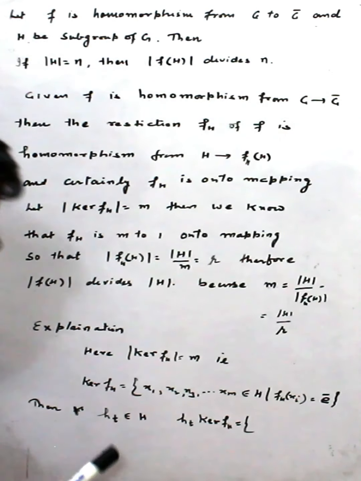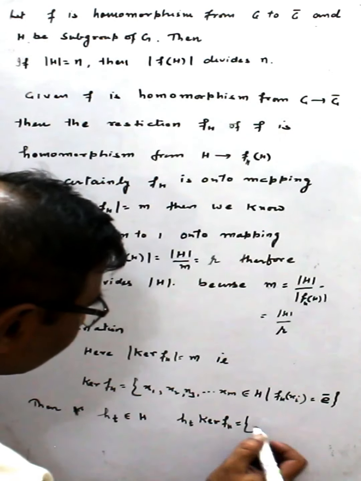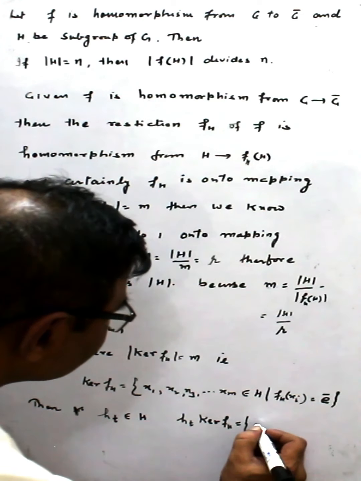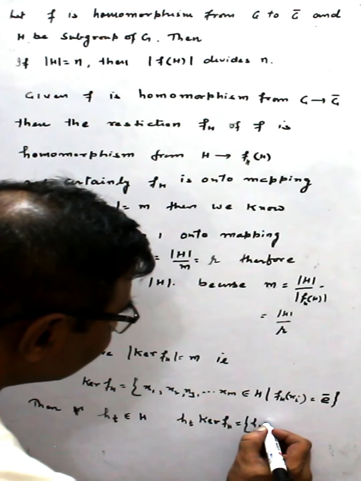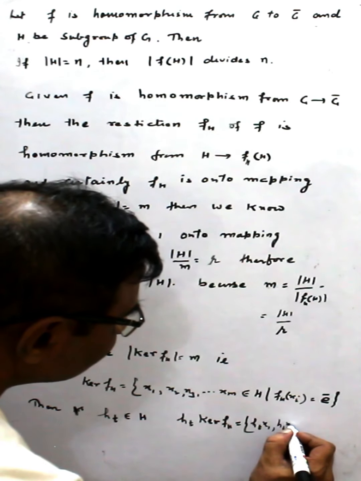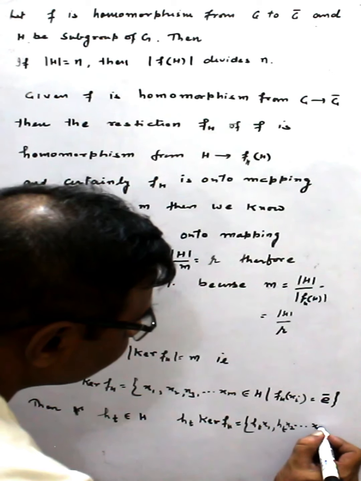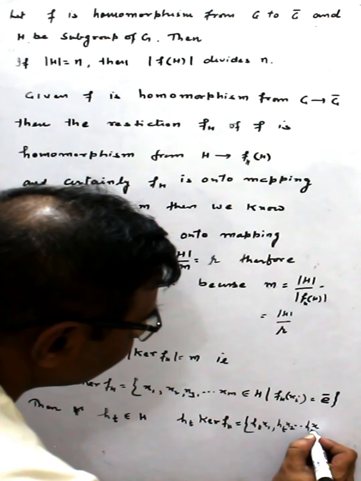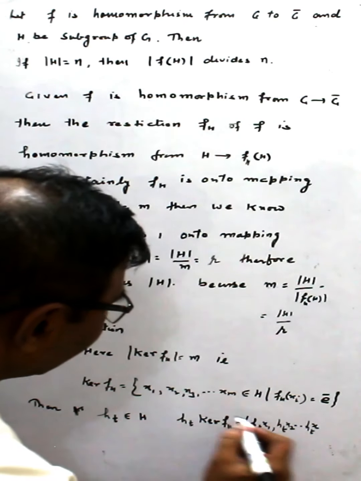In this case, these cosets have the elements ht x1, ht x2, and ht xm.